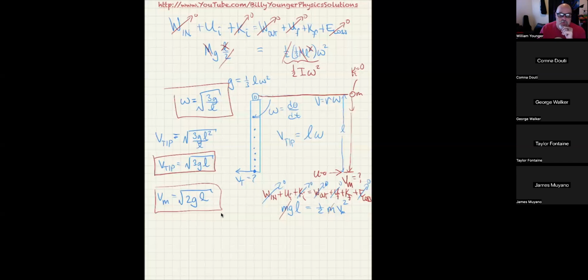I think I've handled the tougher stuff here, and you can see other examples online. I even have a couple on my YouTube channel as well. You can search for rotation or rolling, and that'll pull up the videos. But like I said, you can also find examples in your book.